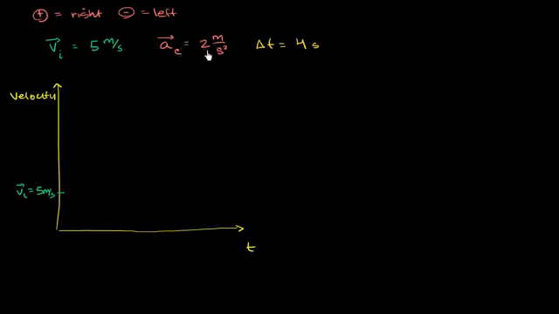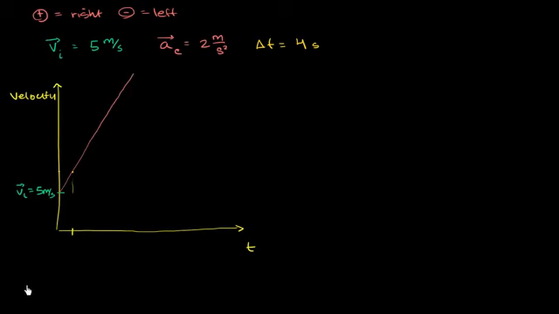And then every second that goes by, I'm going 2 meters per second faster, because this is 2 meters per second per second. So after 1 second, I'm going to be 2 meters per second faster, so I'll be at 7. Or another way to think about it is the slope of this velocity line is my constant acceleration, so I have a constant slope here. So it might look something like that.